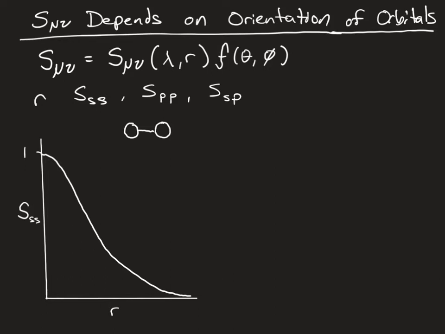We can also look at p-type combinations. Where we're bringing this p orbital here from 0 and then bringing it out like that. Okay. So this starts off as 1, but then rapidly decays relative to the SS combination.